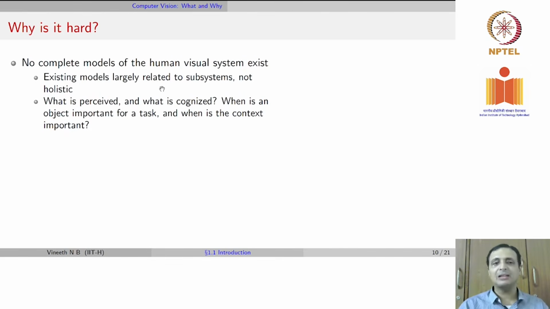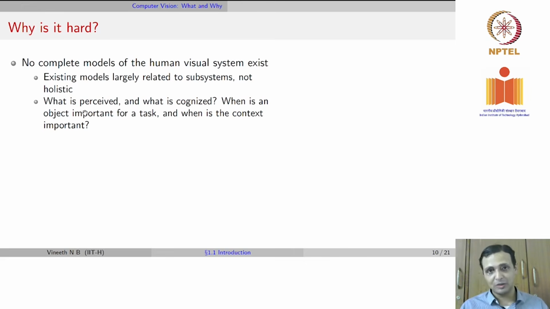Further points here are that no complete models of the human visual system itself are known at this time. Most of the existing models of the human visual system relate to subsystems and are not holistic in their understanding, in terms of the entire central nervous system. And there are also questions that you can ask as to what is perceived and what is cognized, especially with things like optical illusions.